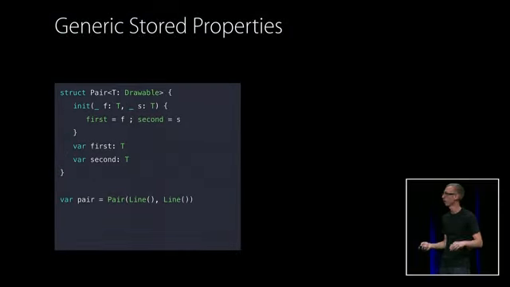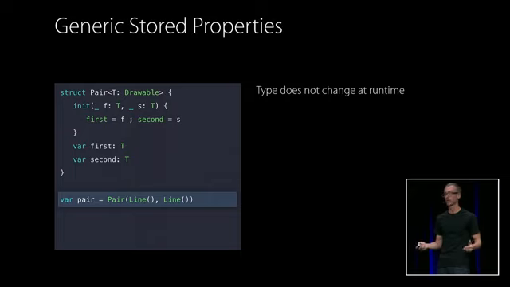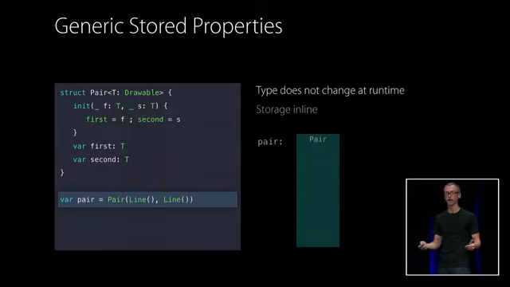So here we have our pair. This time the stored properties are of generic type. Remember that I said that the type cannot change at runtime. What that means for the generated code is that Swift can allocate the storage inline of the enclosing type.